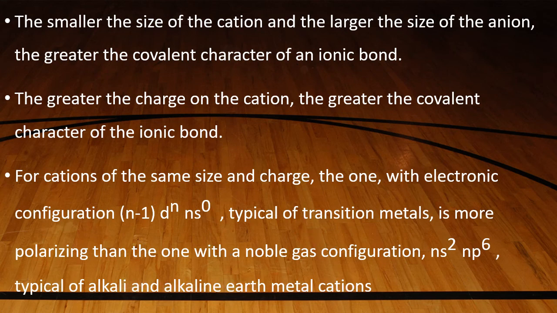This means in the d block, when you move from left to right, due to the shape of the d orbitals, the size does not increase that much; it is almost the same size. So with the same size and charge, it will polarize the approaching anion more, thus creating covalent character. So any compound containing a d-block element also develops covalent character.